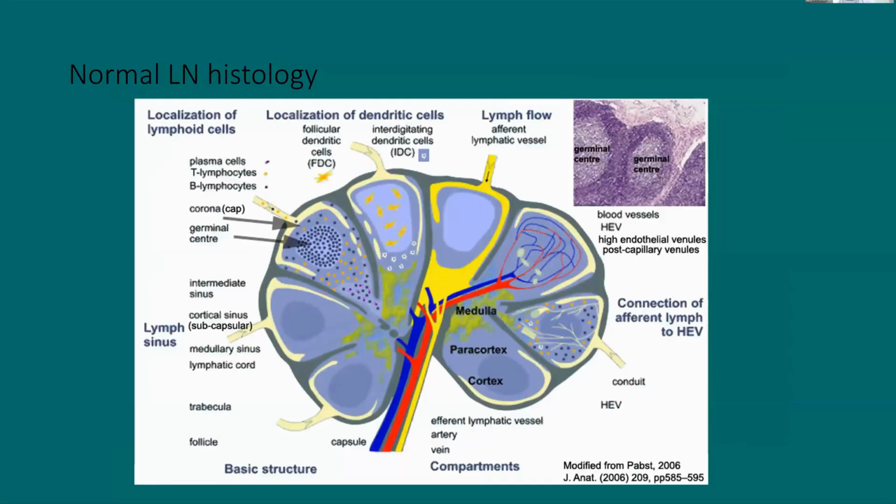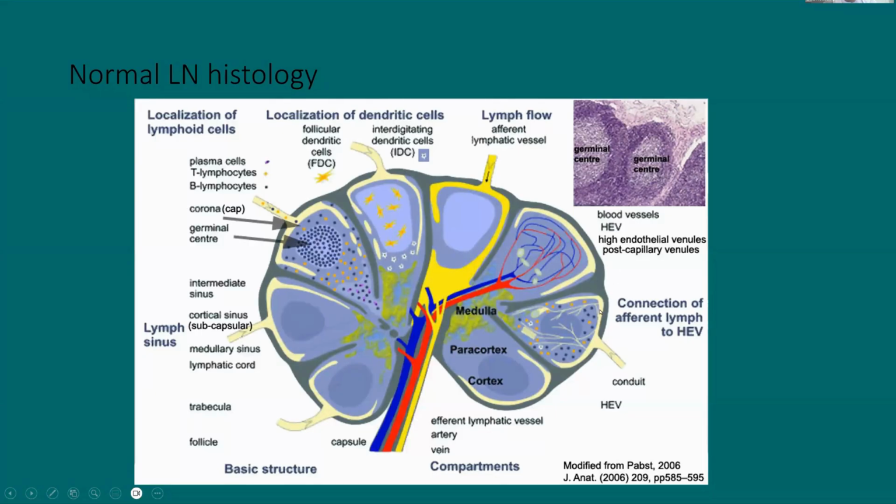Usually I start my lectures by describing how a normal lymph node histology looks. The normal lymph node has two main areas, called the cortex and the medulla, and it has sinuses. Patent sinuses are one of the features of normal lymph node pathology.